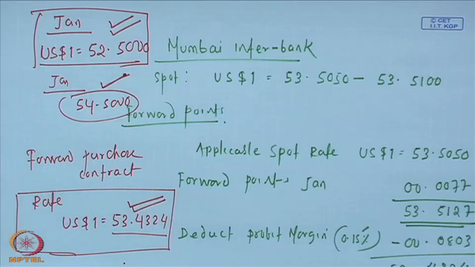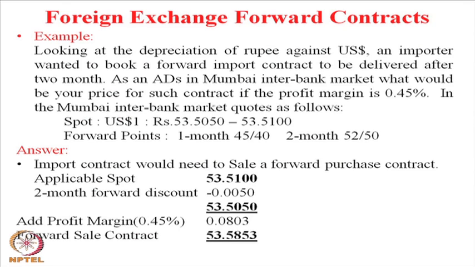Now, let us come to another example. If you go through the example, looking at the depreciation of the rupee against the US dollar, an importer wanted to book a forward import contract to be delivered after 2 months.